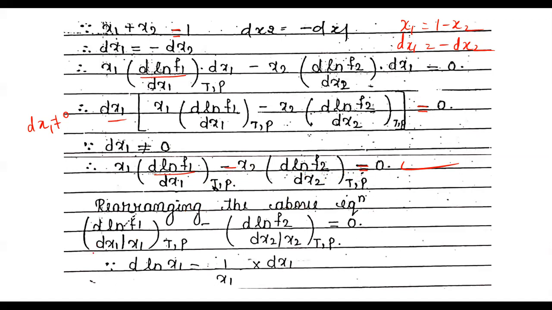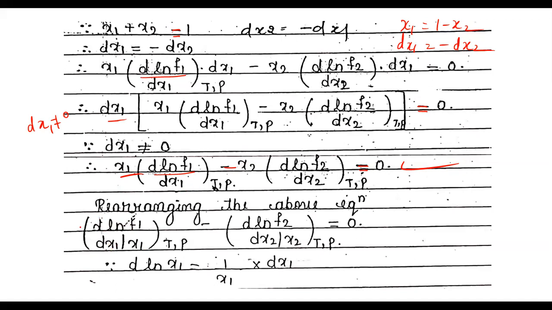Okay, so you can see in this equation, rearranging it, we get the derivative of ln f1 upon dx1, upon x1. Taking this x1, it goes to the denominator here.